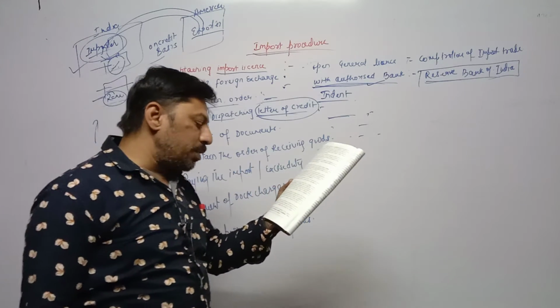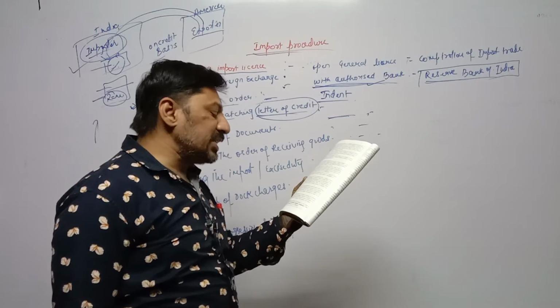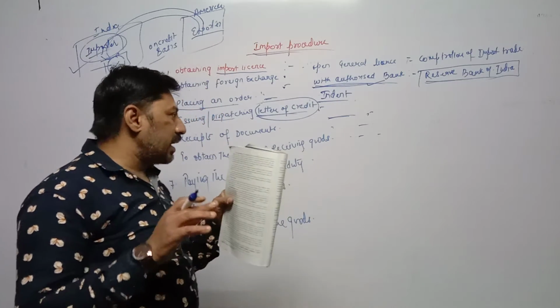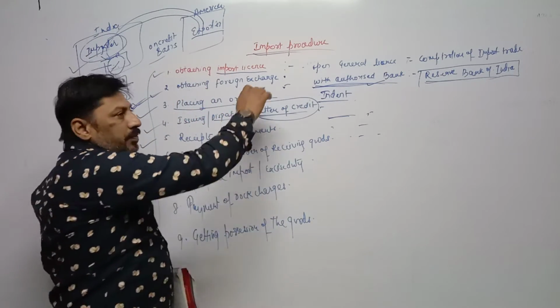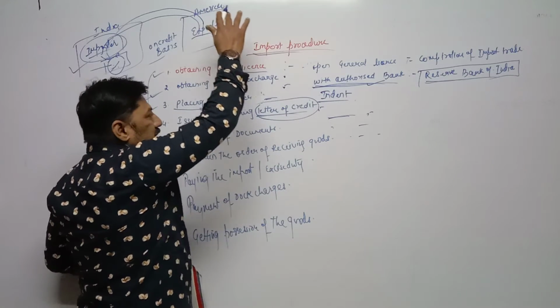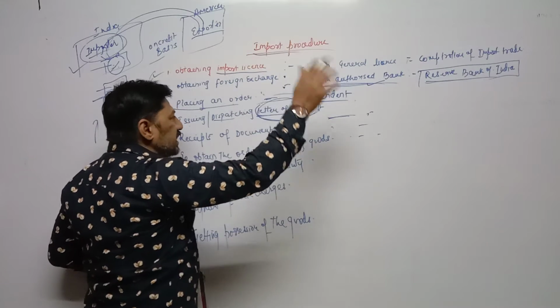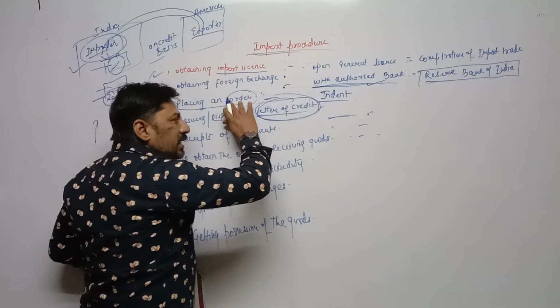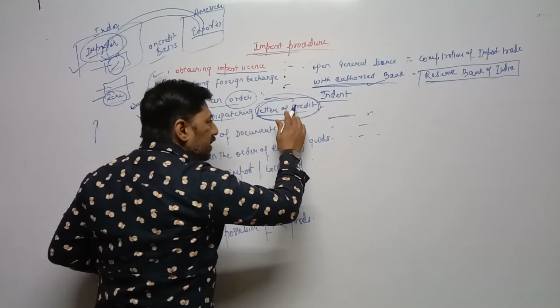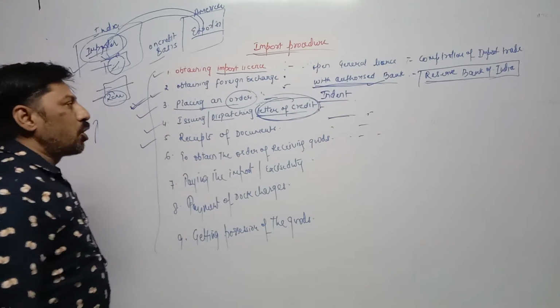Generally, he sends documents against acceptance. Documents against acceptance means the exporter has received the letter of credit, the exporter has received the order. So against this order, against this letter of credit, they are sending some documents.